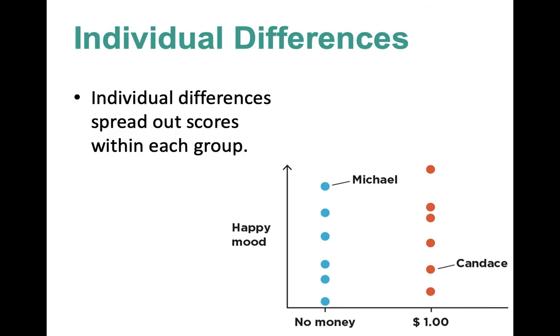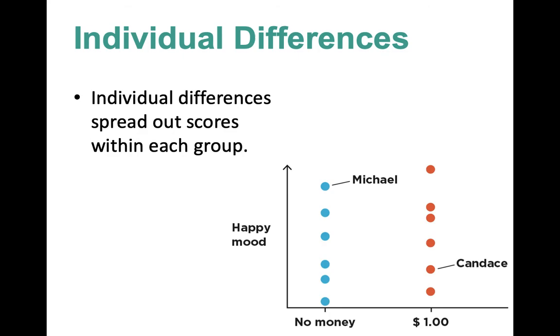Receiving $1 might make a young person very happy, like who doesn't work and doesn't really have their own money. I know if I gave my son $1, he'd be very happy about that. But a working adult is probably not going to think too much of it. So age is potentially an individual difference that was not taken into consideration.